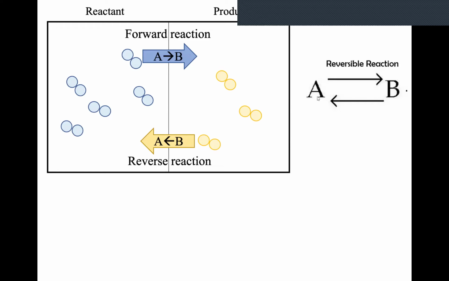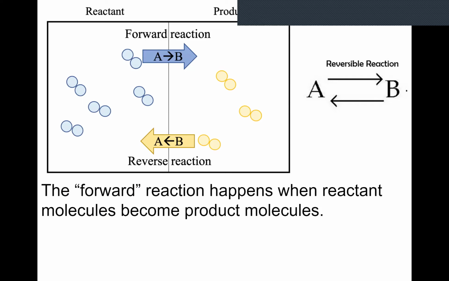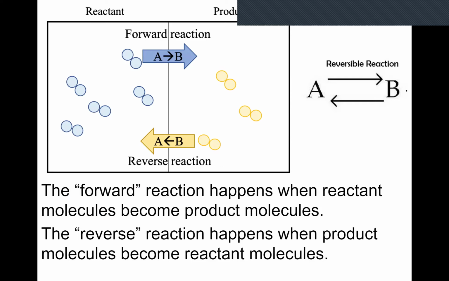You're welcome to do that, but most chemists just write the arrow pointing from left to right. And they want you to know that the vast majority of reactions are reversible. The forward reaction happens when reactants become products. The reverse reaction happens when products become reactants.